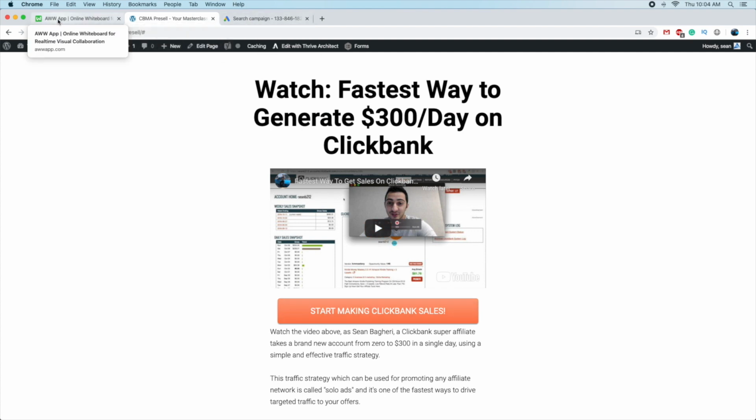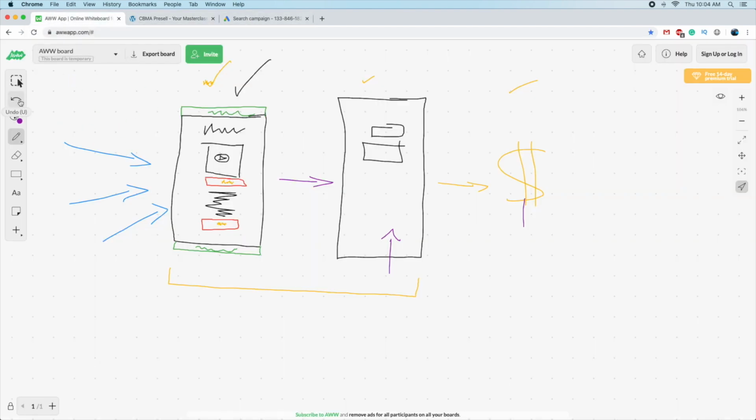Now what I want to show, which is even more important because that's the whole point of what we're doing here, is actually the ad itself. This is incredibly important because it doesn't matter if you have the best funnel in the world. If you don't send good traffic, it won't matter. Now let's talk about the ad.